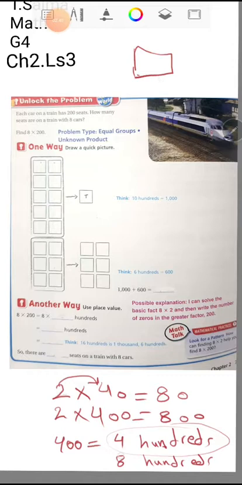Now let's find the answer. You know that 10 hundreds equals 1000. That means 10 flats equals 1 large cube. And you remember we represent the large cube by using a flat and a cube in the middle. Okay, so 10 flats right here. I choose 10 flats, and I told you this 10 flats means 10 hundreds, and this equals 1000.